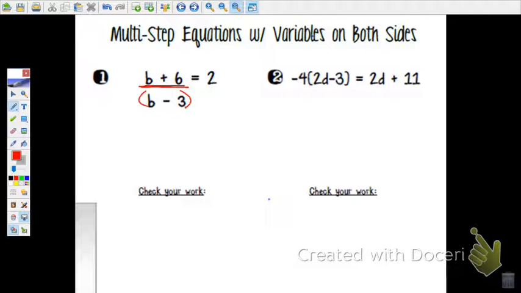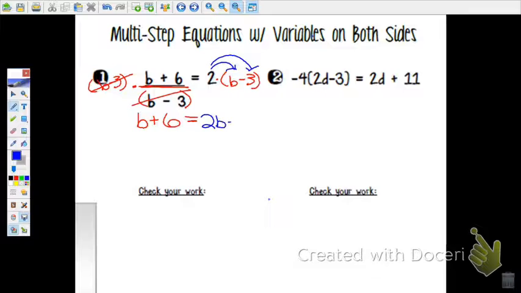Instead of dividing by b minus 3, I'm going to multiply both sides by b minus 3. So on the left side, I'm left with b plus 6. On the right-hand side, I'm going to go ahead and distribute this. So I'm going to be left with 2b minus 6.